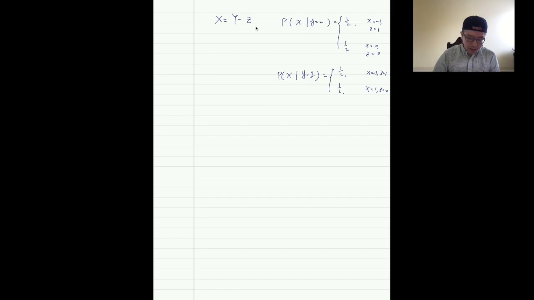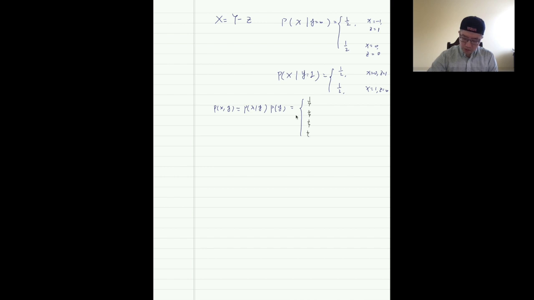Okay, and with that said, we can compute the probability distribution of x and y because that simply equals p(x given y) multiplied by p(y), right? So we can see in this case, here is basically all half, and here is basically all half again. So together, it is basically 1/4.